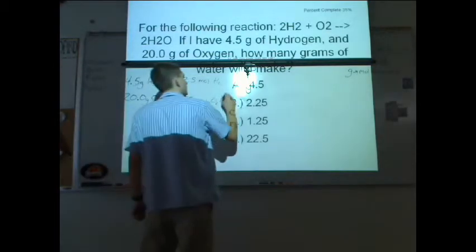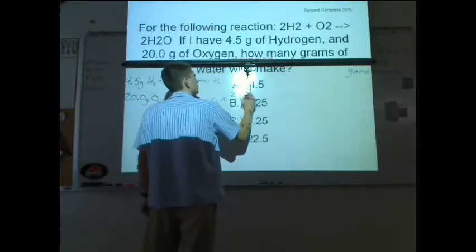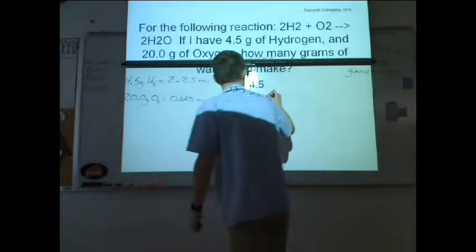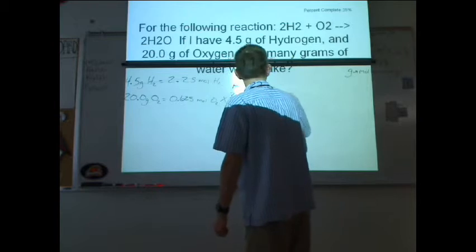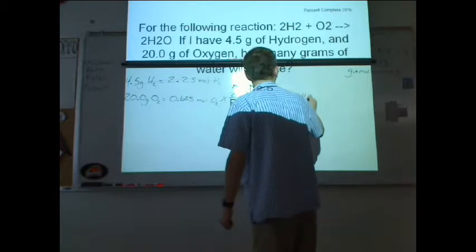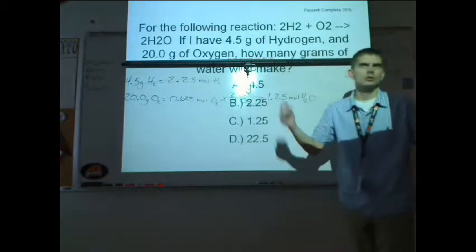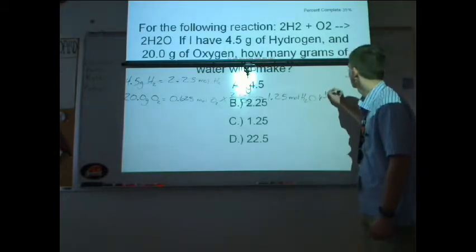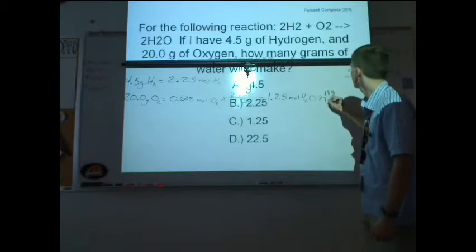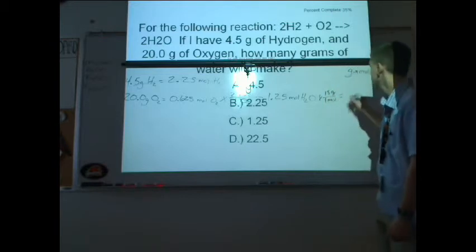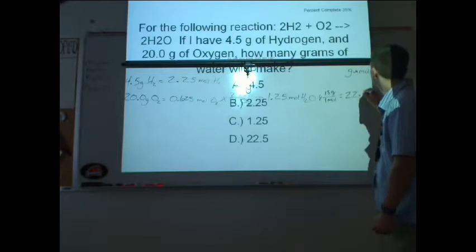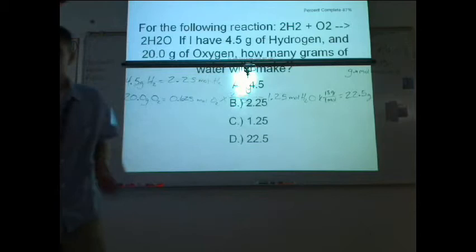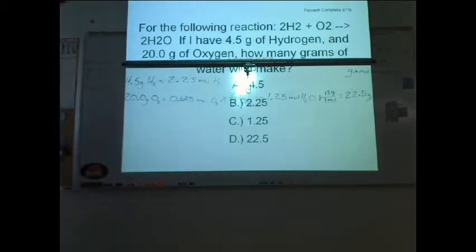So, times 2 H2O for every 1 O2. You're going to get 1.25 moles of water. And now just turn those into grams. Times 18 grams for every 1 mole. And that's going to come out to be 22.5 grams.